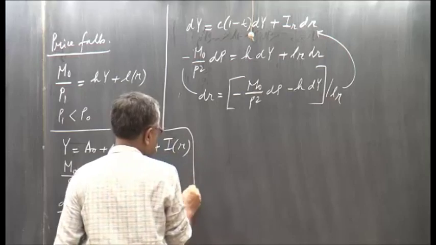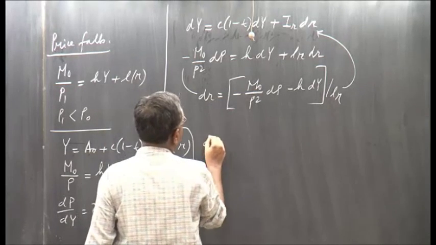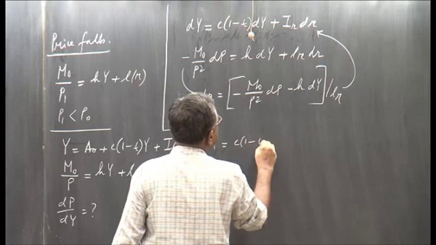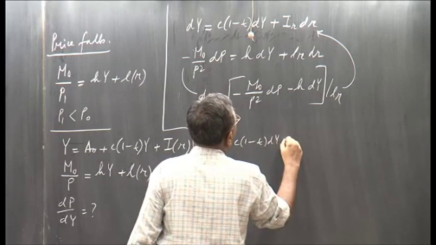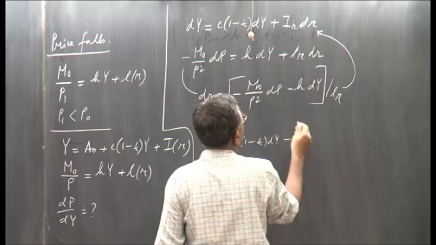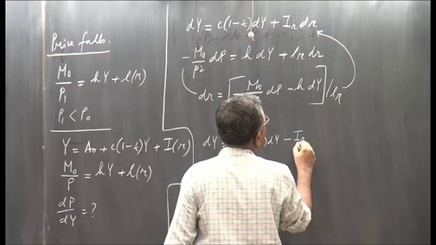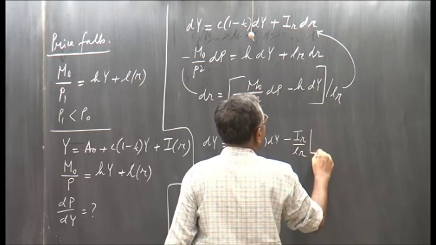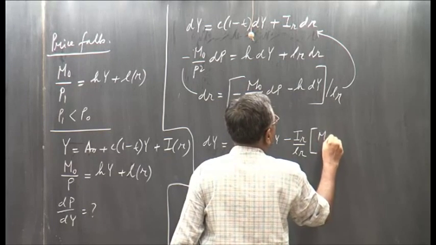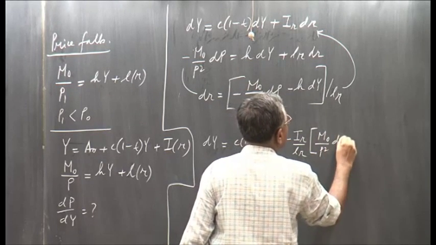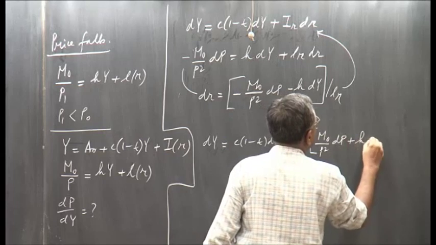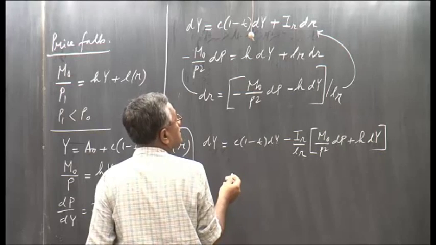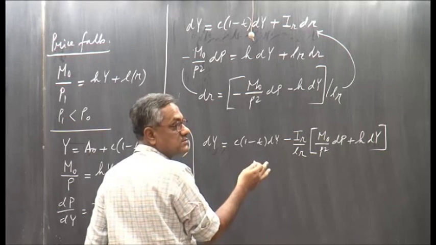Put this dR in this equation. So what you have is dY is equal to c into 1 minus t dY minus, if you take the minus out, minus IR over LR into bracket M naught over P squared dP plus H dY. So you can gather these Y terms together.